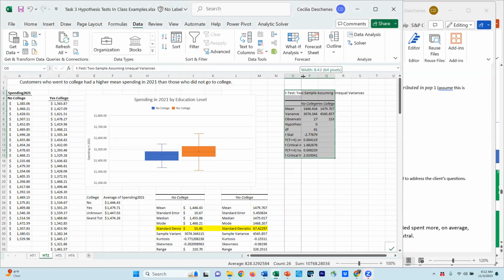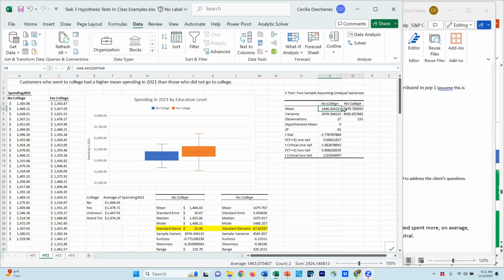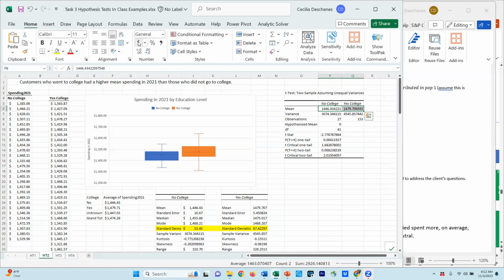All right, I need to format this just a little so I can read everything more carefully. This data is money, so I'm going to format the ones that matter, the mean, and I'm going to put a line that separates the values for each sample from what's coming out of the test.